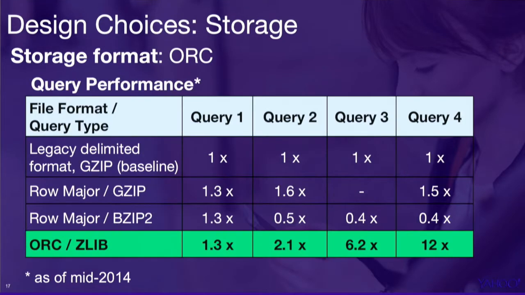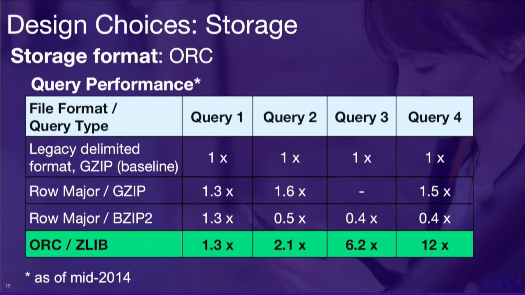But when you look at the query performance for the various storage formats, what really stands out is bzip2 was at least 2 times slower for a lot of our reference queries compared to the legacy implementation that was available with us, which was basically a delimited file with gzip encoded.